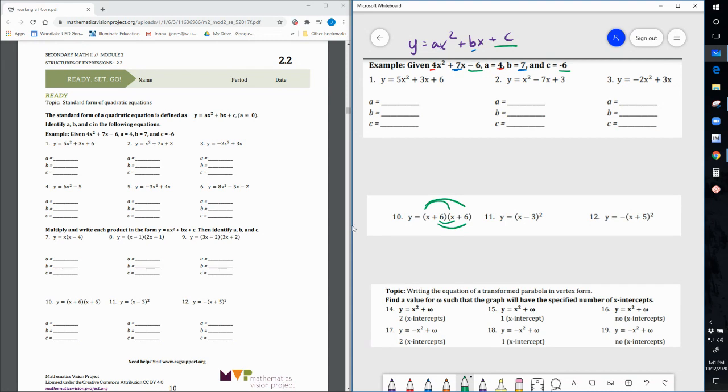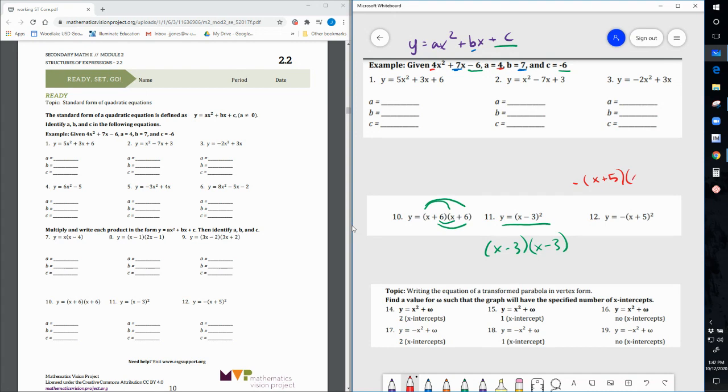So recall, if you see one like this, x minus 3 squared is the same thing as writing x minus 3 times x minus 3. And then this other one, number 12, is similar, except you're going to have a negative sign up front.